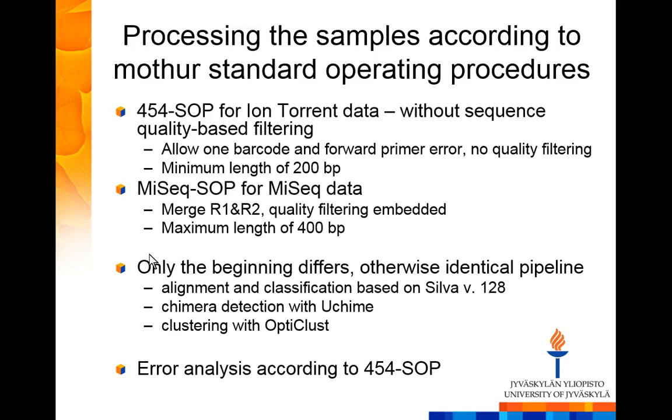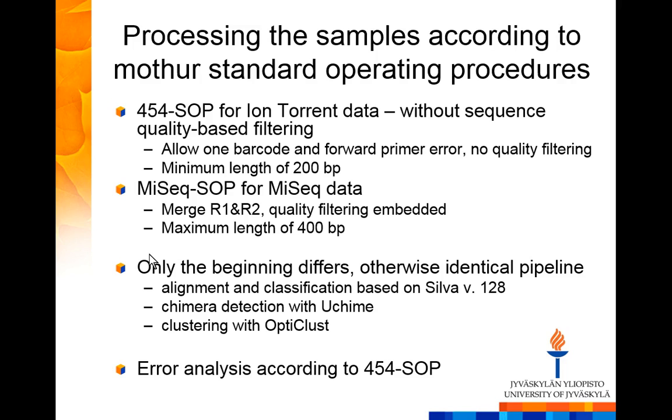Then I use the mothur processing pipeline a lot. So I used that. And I used the mothur standard operating procedures, or SOPs, for 454 data for the Ion Torrent data, and the MiSeq SOP for MiSeq data.